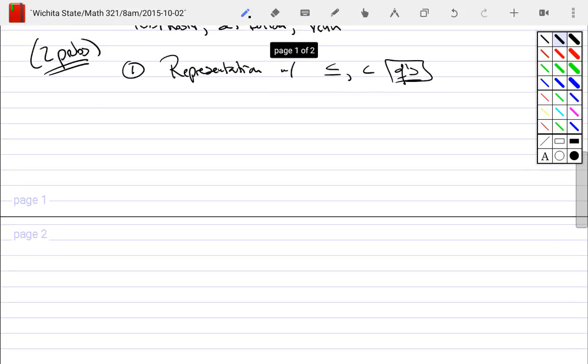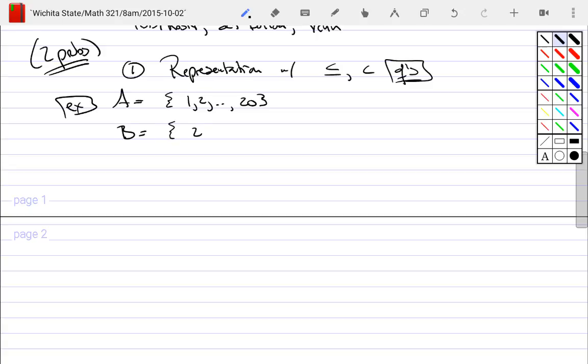For example, if A was equal to, say, 1 to everything up to 20, and say B was equal to all 2k such that k is an integer and k happens to be greater than or equal to -2 and strictly less than 20.